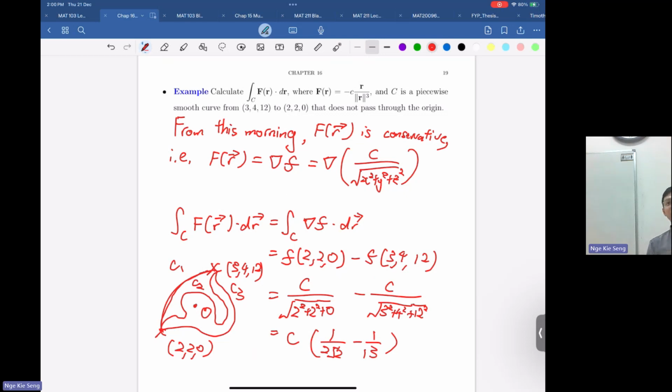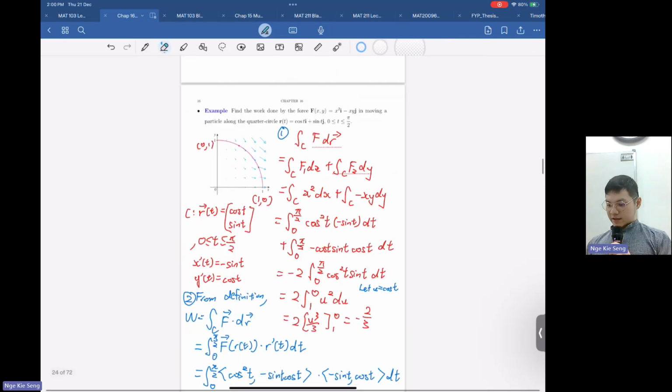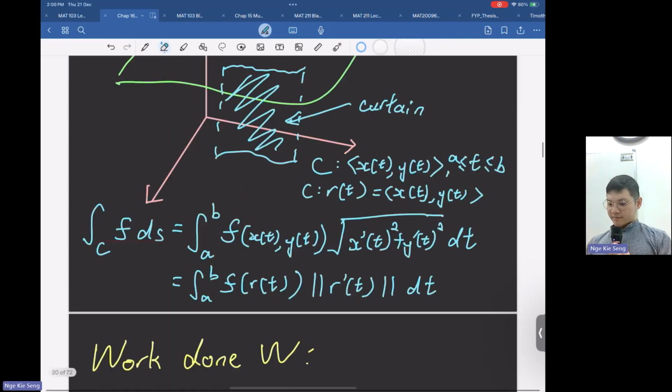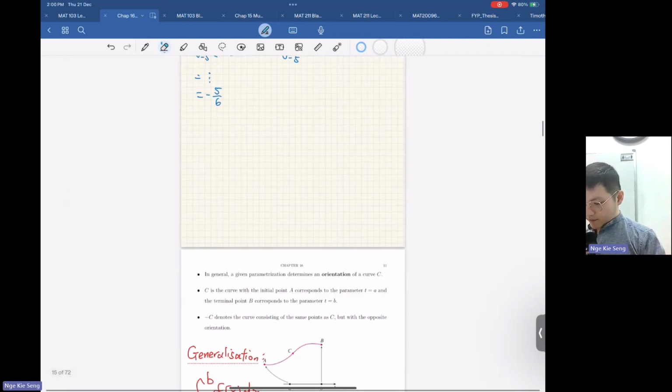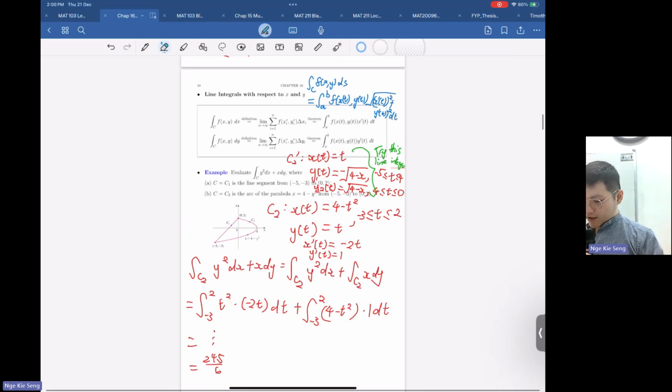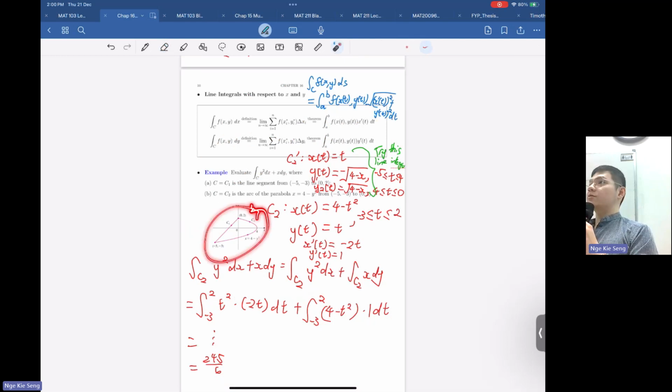Remember just now in the morning we computed line integrals that had the same end point and starting point, but they had different paths and led to different line integrals. But now we have the same answer regardless of which path, if your vector field is conservative.